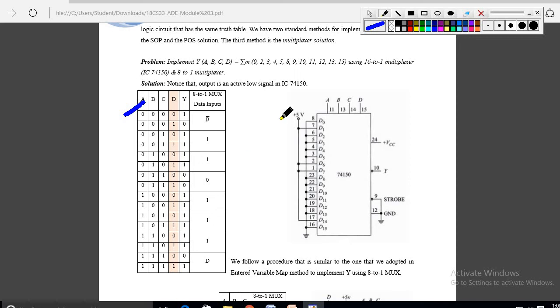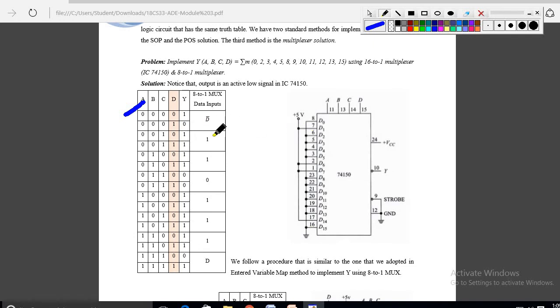Here, pins 11, 13, 14, 15 of this 74150 will be connected to your control inputs A, B, C, D. Sorry, control inputs, not data inputs. These are the data inputs from D0 to D15, and the corresponding pins of the data inputs are these. You have to check where to connect.